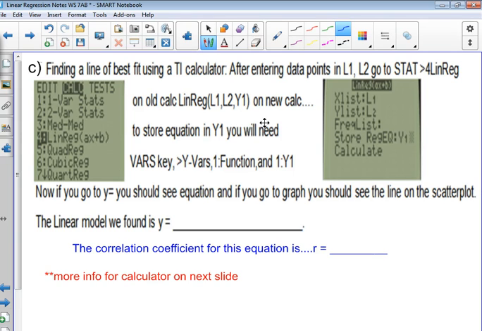On the back of worksheet 6, are we on 6 or 7? 7, back, so 7B. All right, it says finding a line of regression or line of best fit using your calculator. Once you have entered this data in list 1 and list 2, you're going to follow these steps right over here. This is true for everybody. Okay, so it's stat.